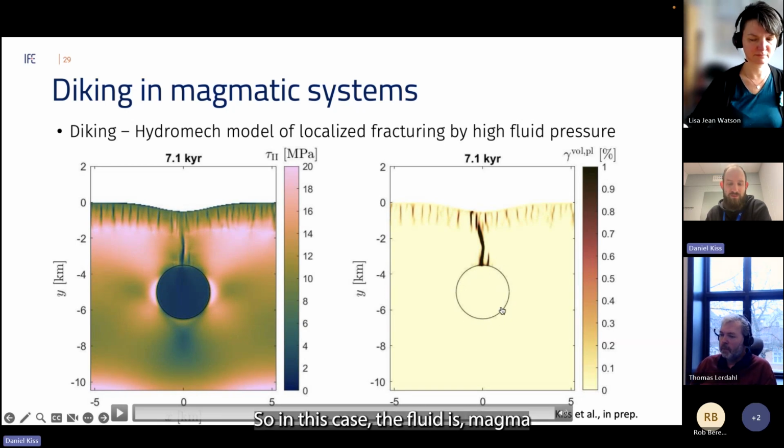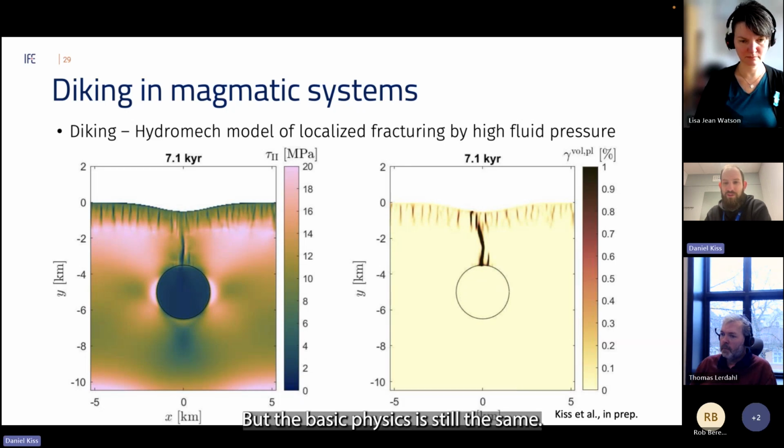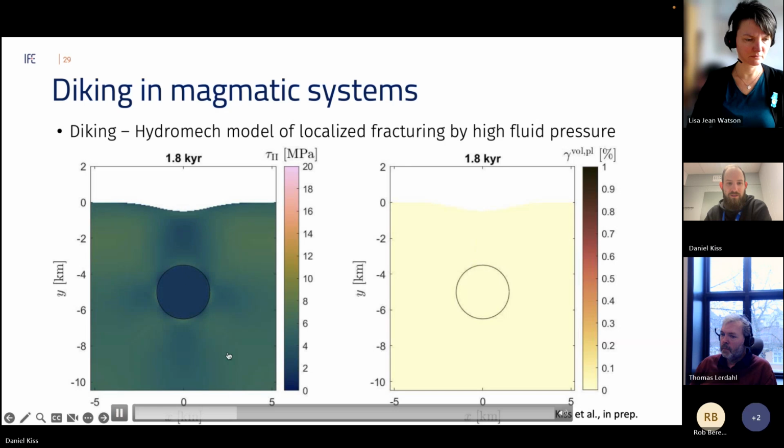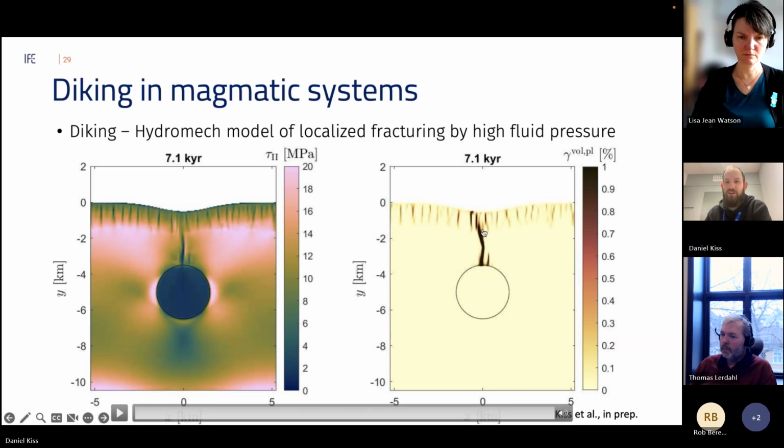In this case, the fluid is magma with slightly different parameters than water, but the basic physics is still the same. And due to tectonic extension, as stresses build up, you see the development of a dike-like structure that connects the magma chamber to the surface.